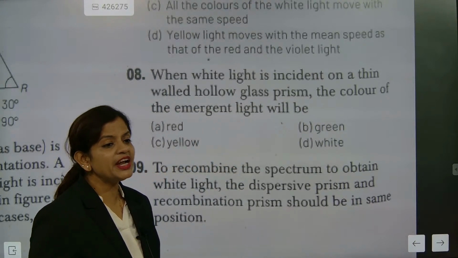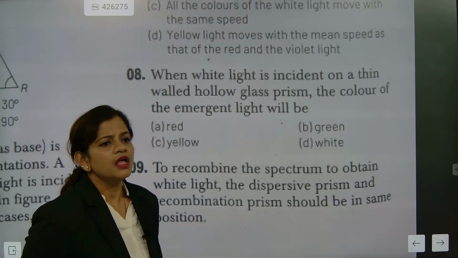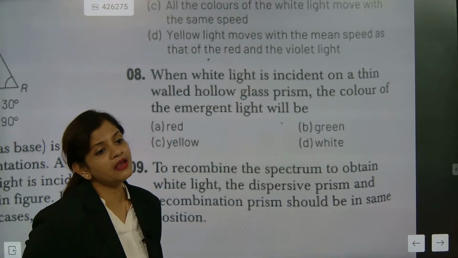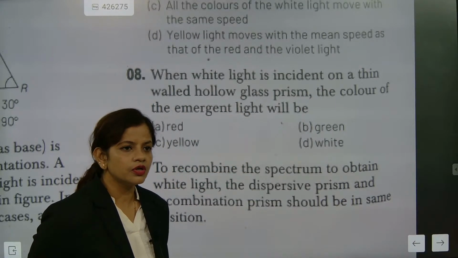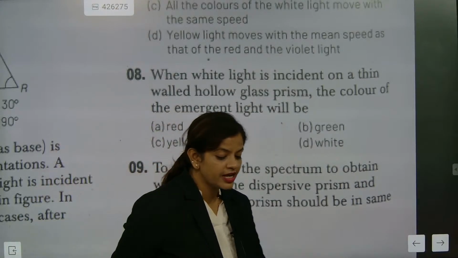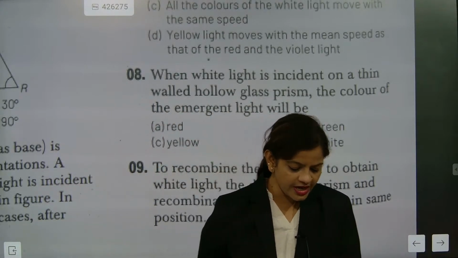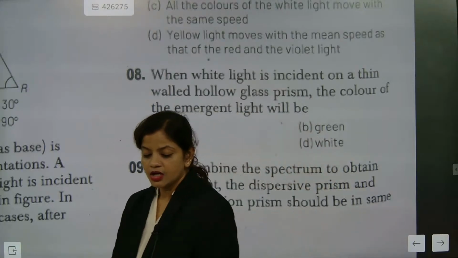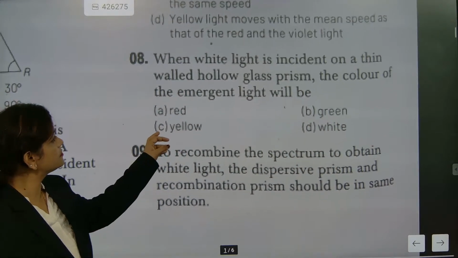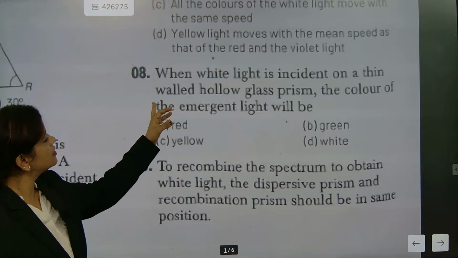Understood. Same speed it will move, but frequency and wavelength will be different. Even in the hollow part, it moves with the same speed, but frequency and wavelength will be different. So what can be the correct answer here?